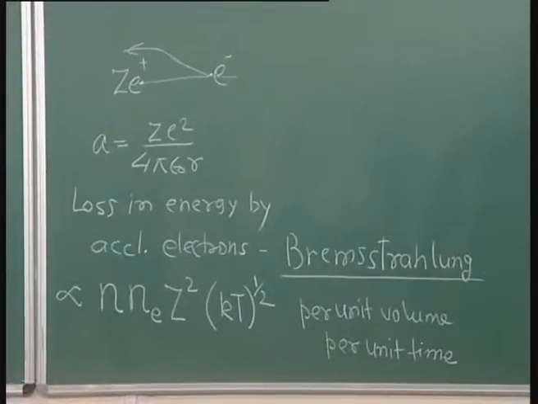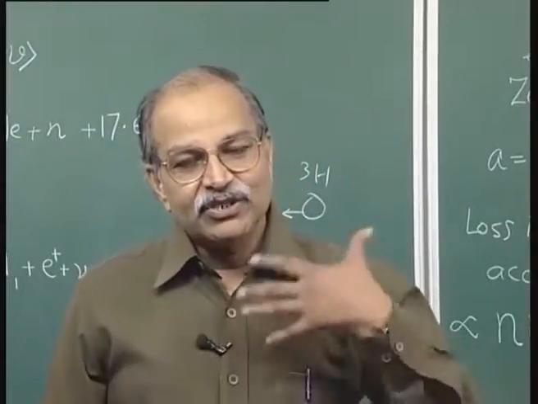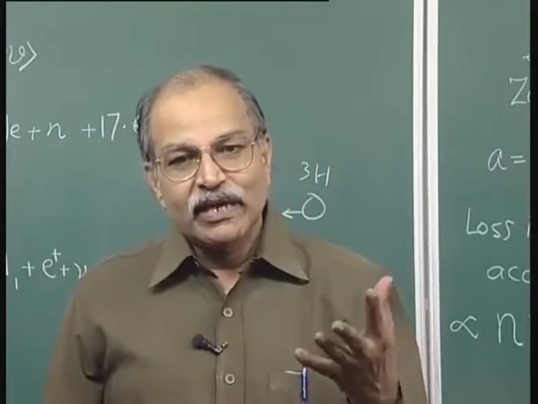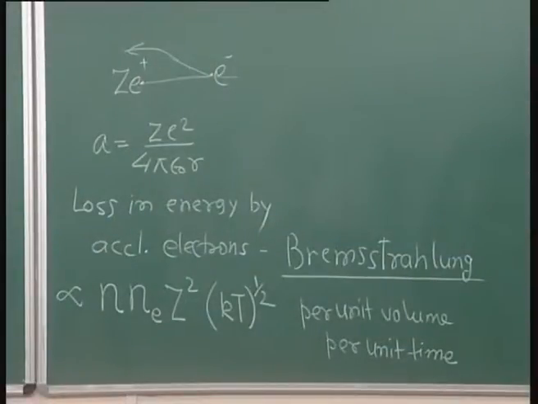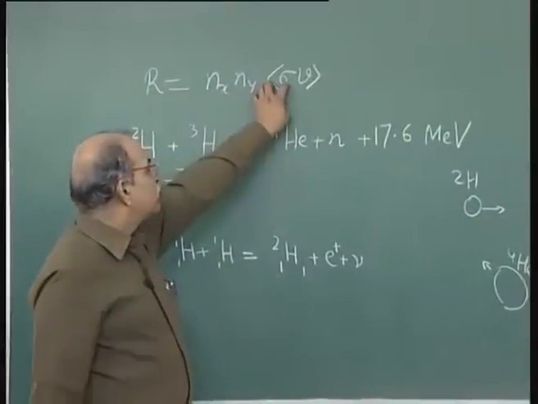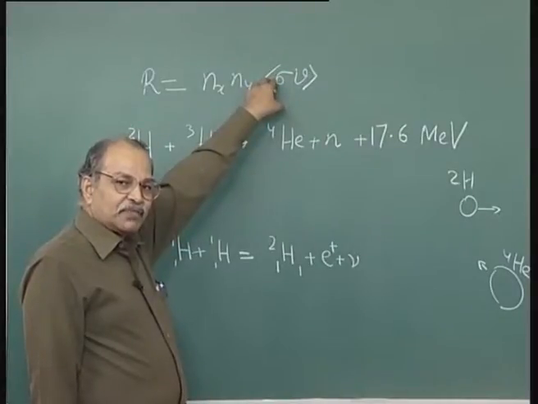So, the first condition should be that the rate at which the energy is produced should be larger than the rate at which this radiation is emitted. And this is the reaction rate, this is number of fusion reactions taking place per unit volume per unit time.